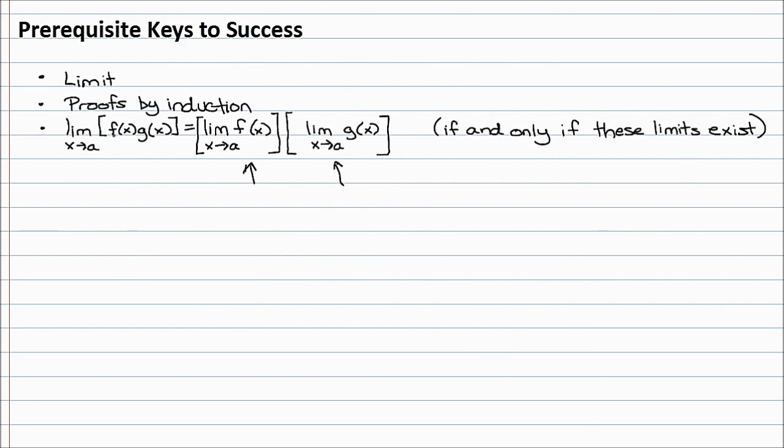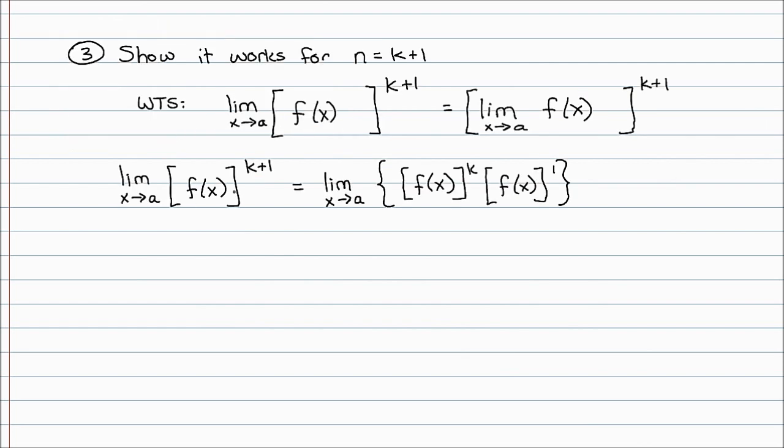Remember back here at the prerequisite, I said if you have the product of two functions within a limit, and both of those limits exist, then you can split this to the limit of the first times the limit of the second. And one thing we've said back here is that, first of all, the limit as x approaches a of f exists.